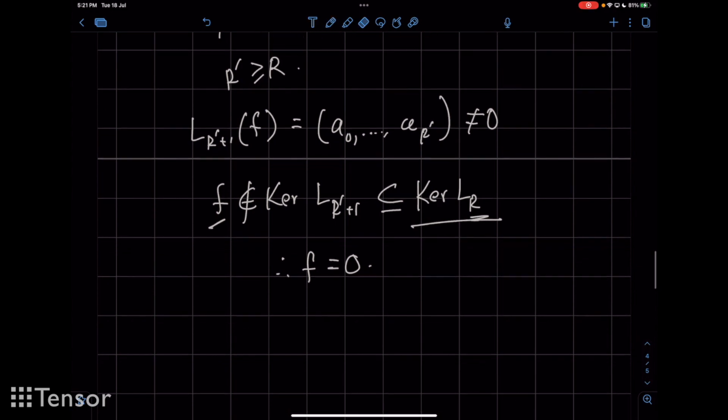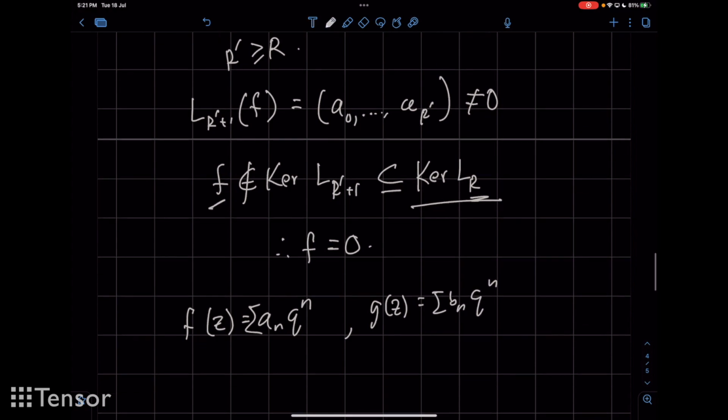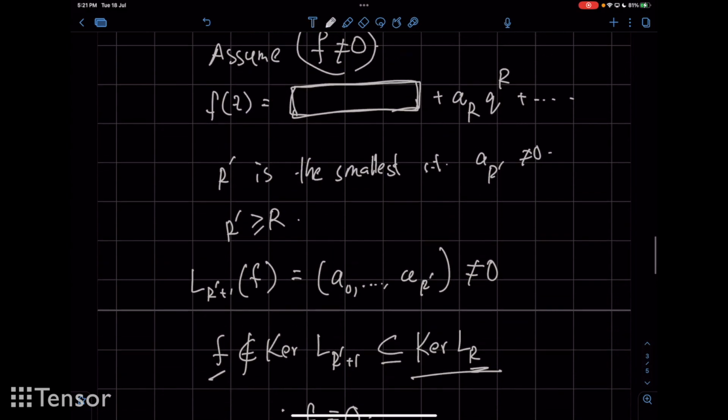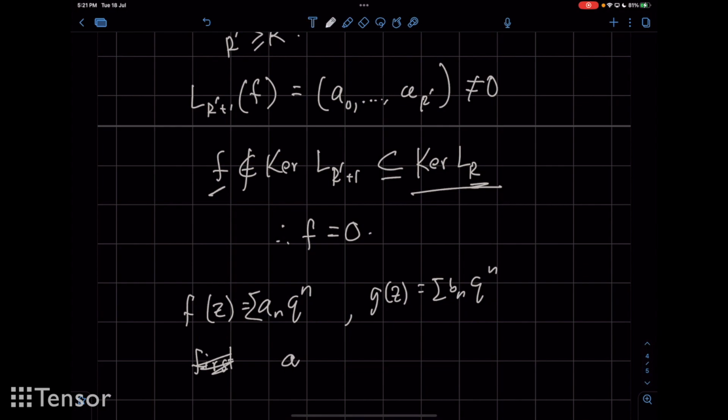Then suppose we have two modular forms as before: f(z) is the sum of a_n q^n, and g(z) is the sum of b_n q^n, and the first r coefficients are equal. That means a_i equals b_i for all i smaller than or equal to r minus 1.